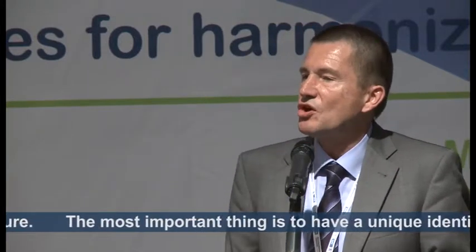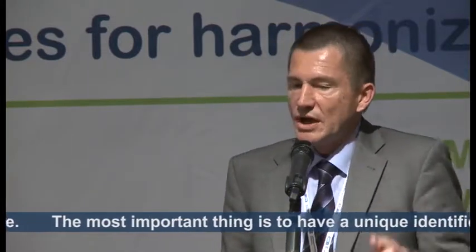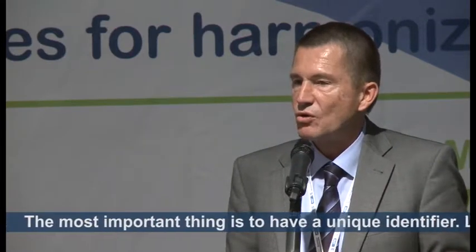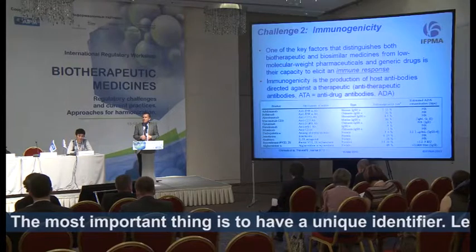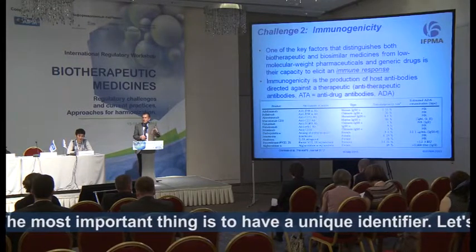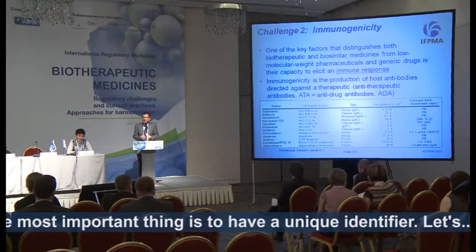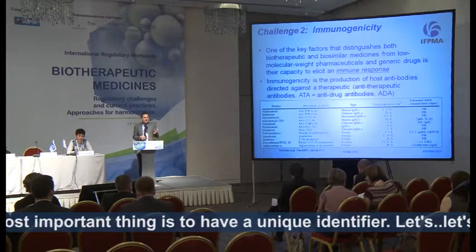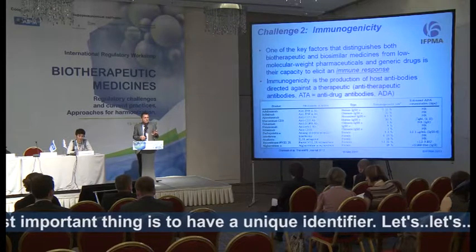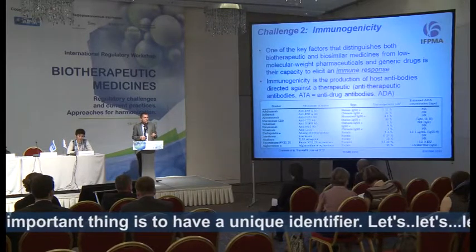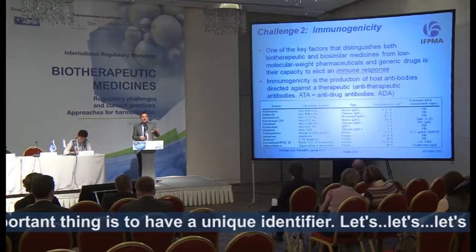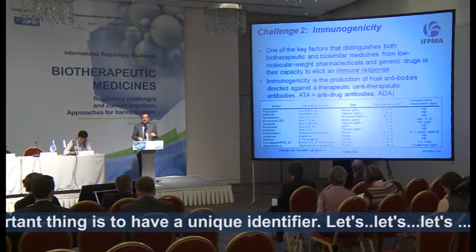Immunogenicity, we were talking about this before. All these biologics elicit an immune response. We will see anti-drug antibodies. And here in the lower table, you just see a couple of numbers for different products. But in reality, the situation is even more complex.